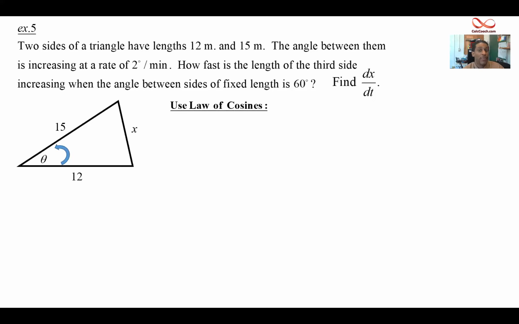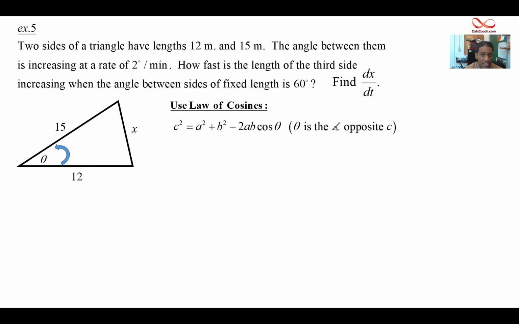Law of cosines says the following. The side that's opposite the angle fits the following formula. Generally, it's going to be called little c. c squared equals a squared plus b squared, the other two sides squared, minus 2 times the product of a and b times the cosine of that included angle opposite your side.